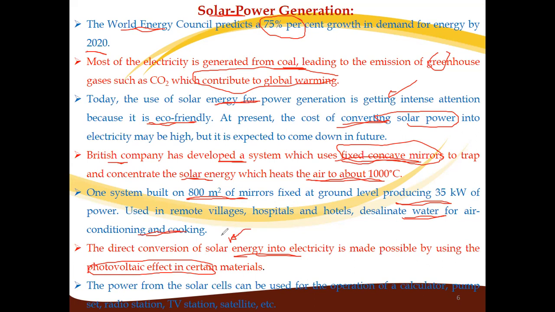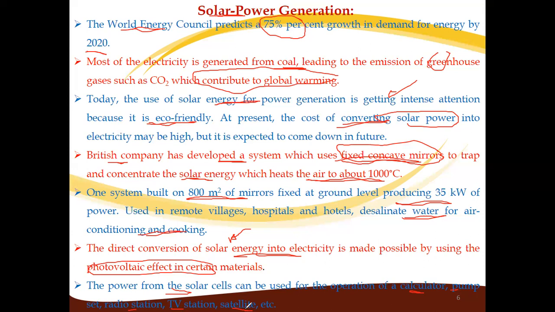Now, the power from a solar cell can be used for various operations: calculators, pump sets, radio stations, TV stations, satellites, etc. The power obtained in the daytime can be stored in batteries.